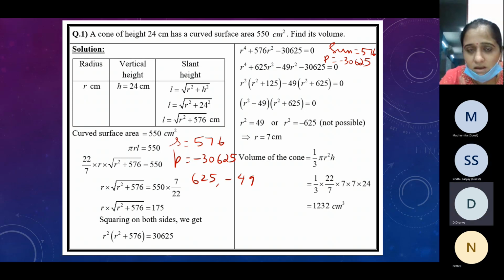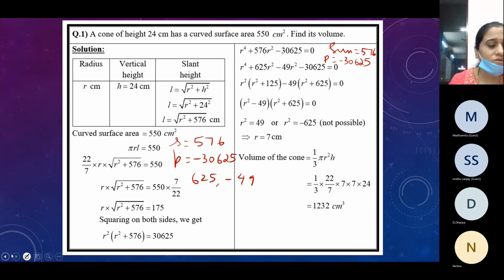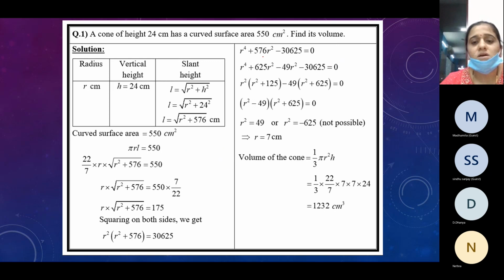Yes, ma'am. Like you solve a quadratic equation, in the same way, sum, product, split the middle term. Now instead of 576 R square, you are going to write plus 625 R square and minus 49 R square.